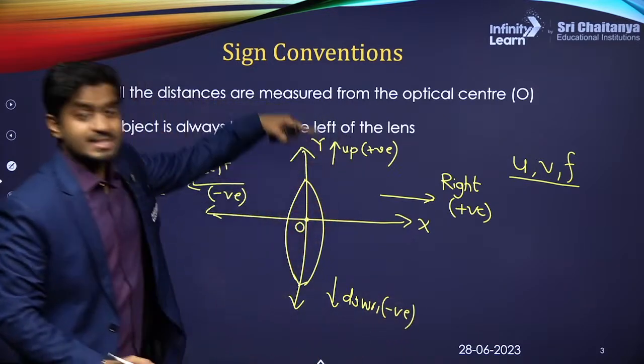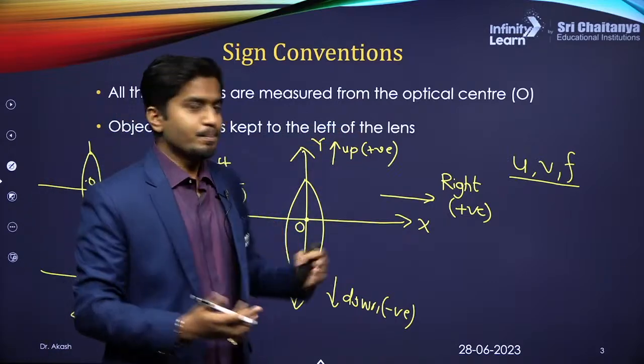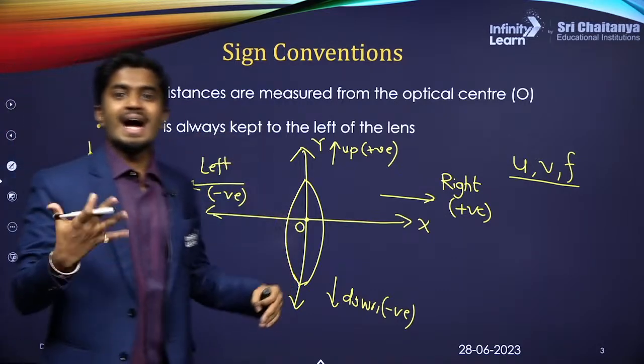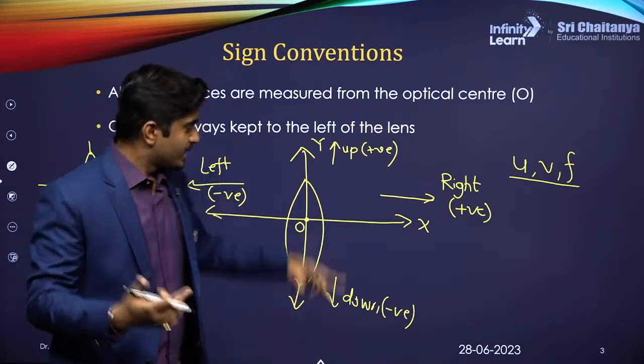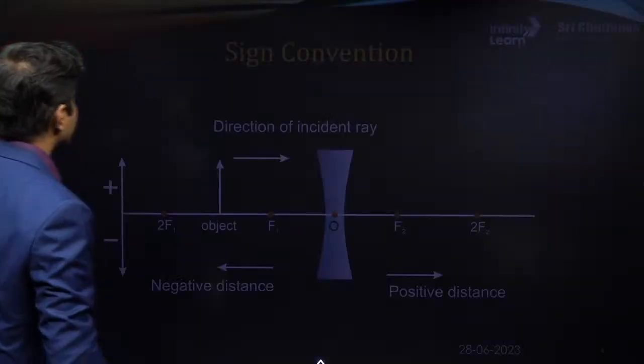If you place an object above the principal axis, you measure the height either up or down, so that height you measure along the y-axis. Clear? So that is the sign convention.